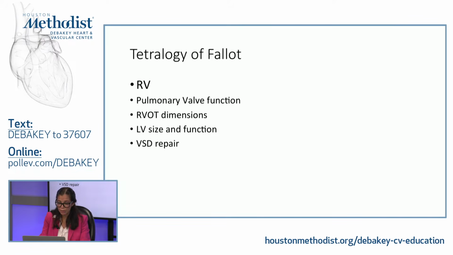And the most important thing we need to look for is a coronary that courses anterior to the RVOT that can be compressed if we balloon dilate that RVOT or proximal PA and stented.